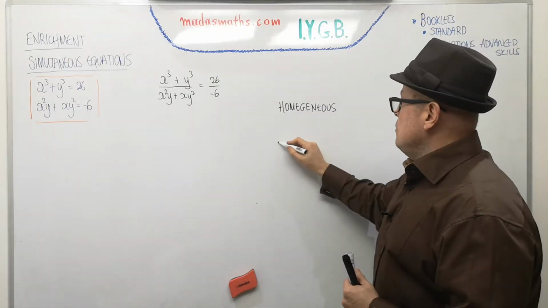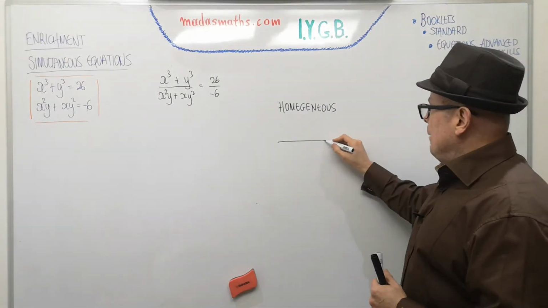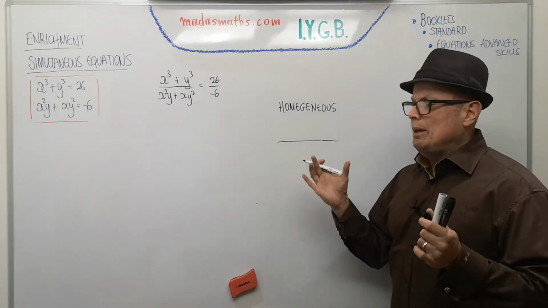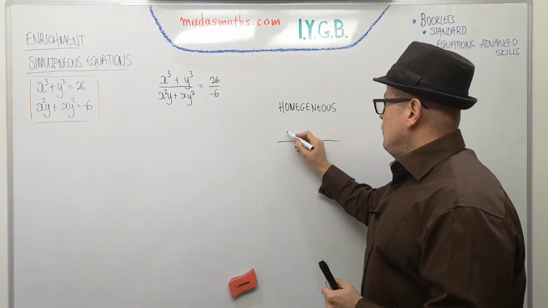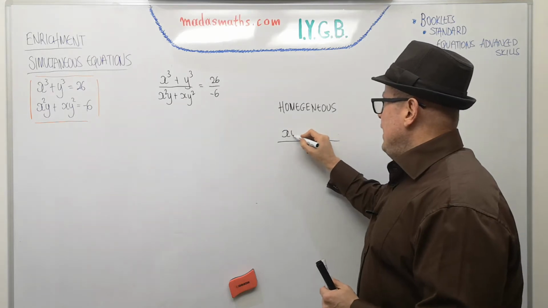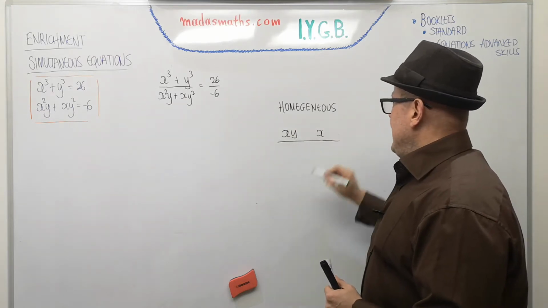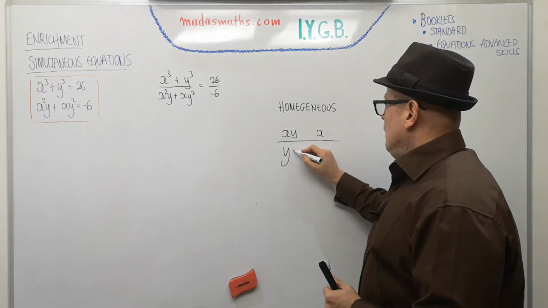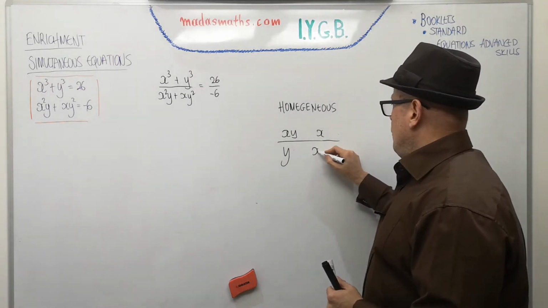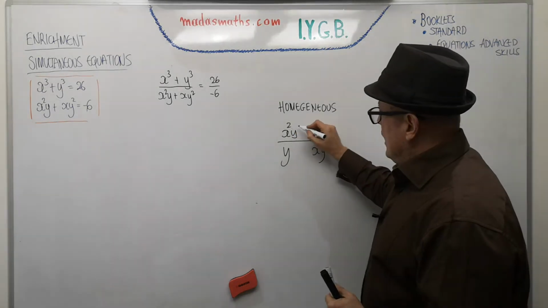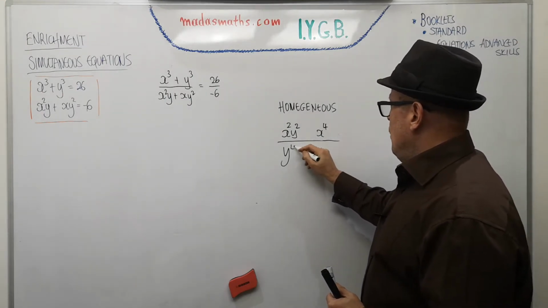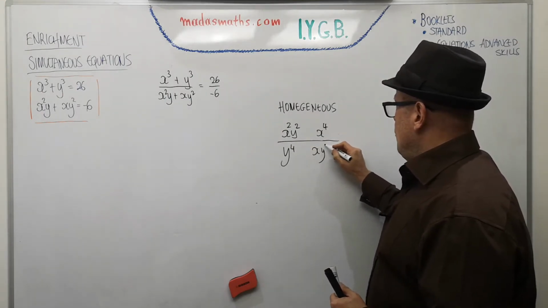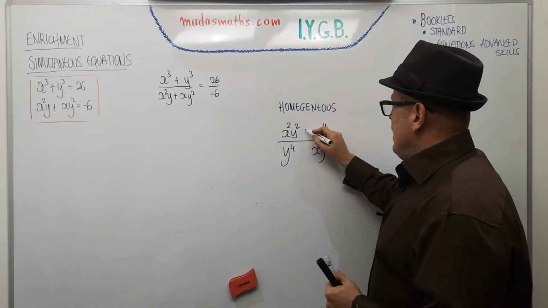What this means, let's look at the fraction. I'm not going to give you the formal definition because it's actually easier to see it with a couple of simple examples. For example, if you have x y, x squared y squared, x to the 4, y to the 4, and then x y cubed, pluses or minuses, doesn't really matter.